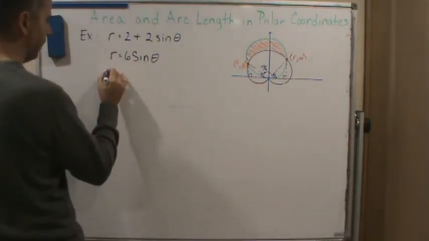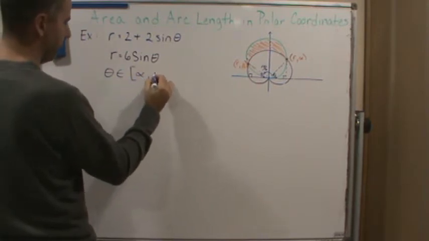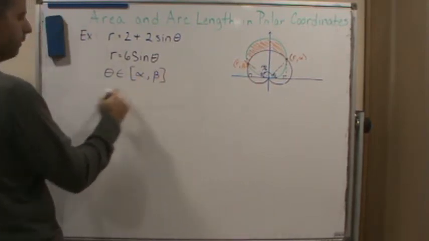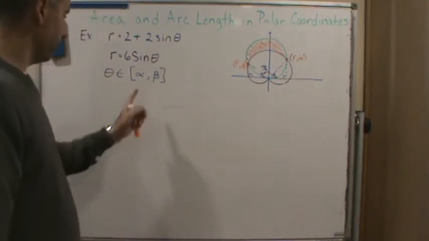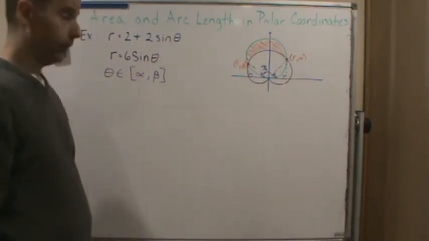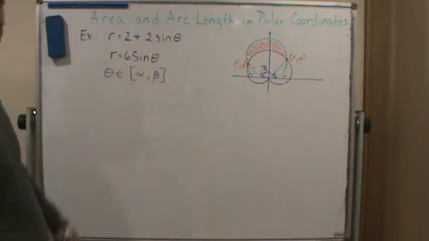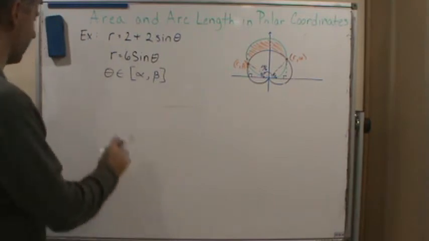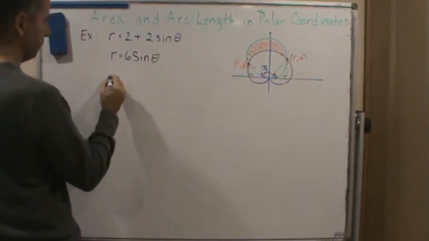We need to find theta in the closed interval alpha to beta. We need to figure out our limits of integration. So how do we do that? Well, we set the two equations equal to each other and solve, just like we normally do in algebra. Just algebra. So let's do that.